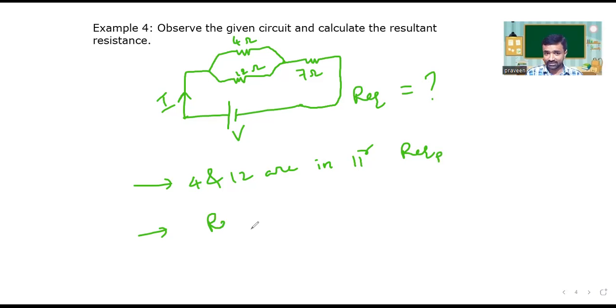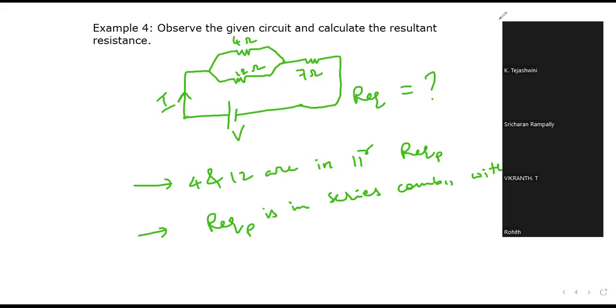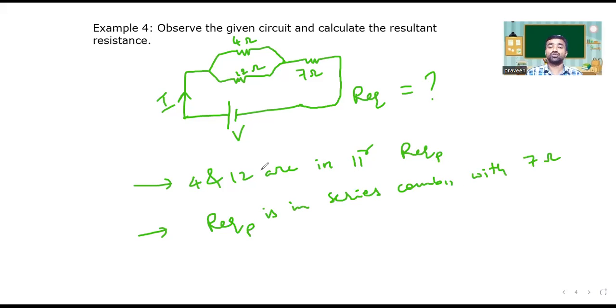That equivalent resistance is in series combination with the 7 ohms resistor. Is this correct, what I have written? Yes, sir. So I got what the combination is between the resistors. So I can do the solution now.